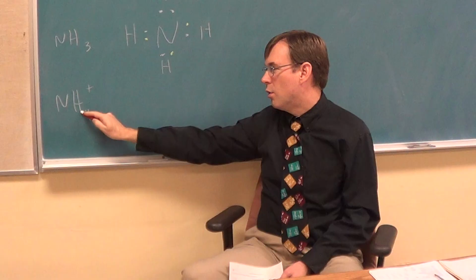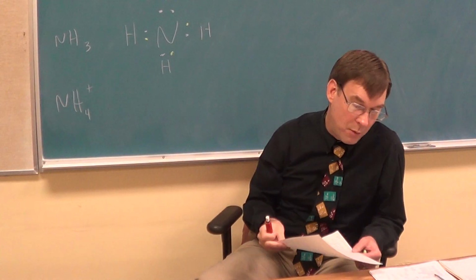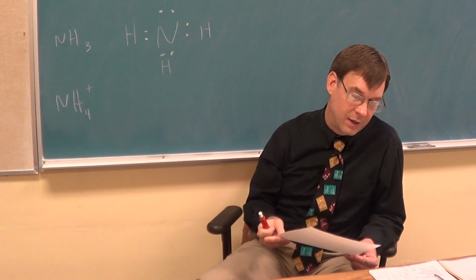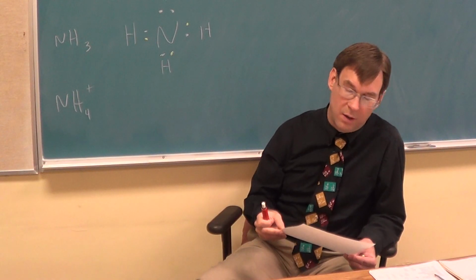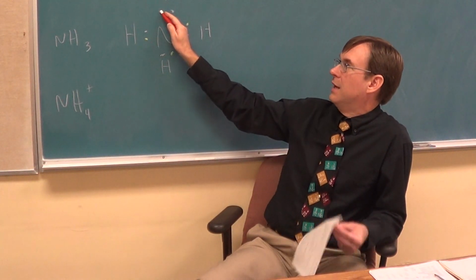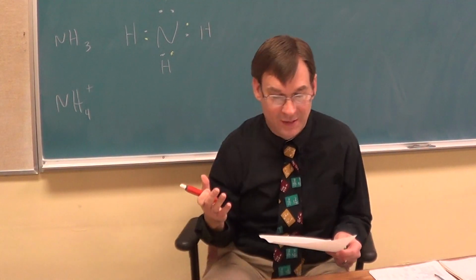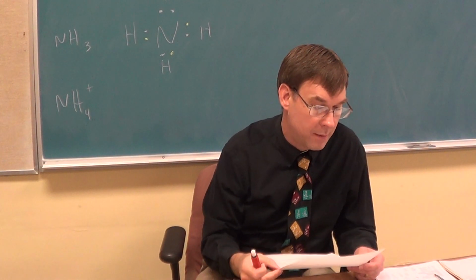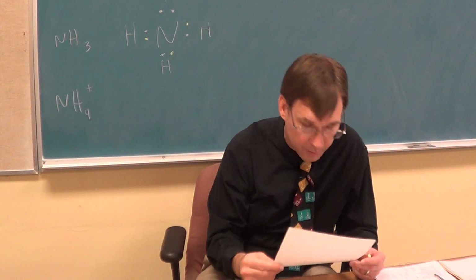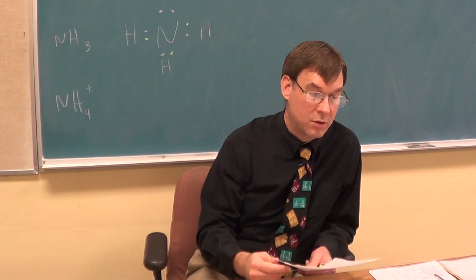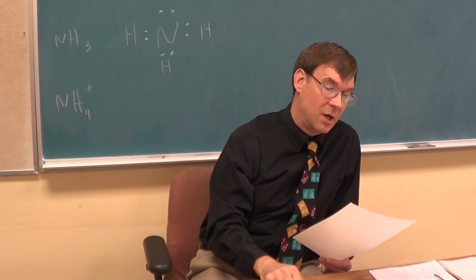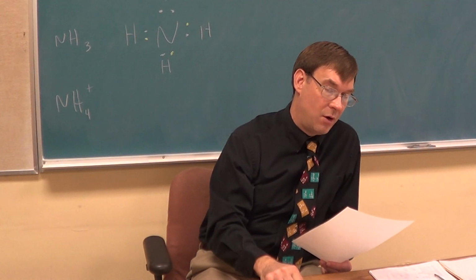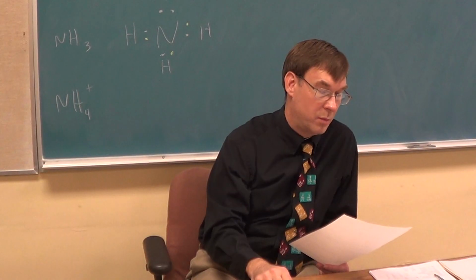And NH4 plus, that would be an example of a compound formed that's a coordinate covalent bond, where this is both supplied by the same atom. So one element supplied both electrons of the pair. So nitrogen supplied both, and that hydrogen positive ion that gave away its electron, it just kind of hops on.